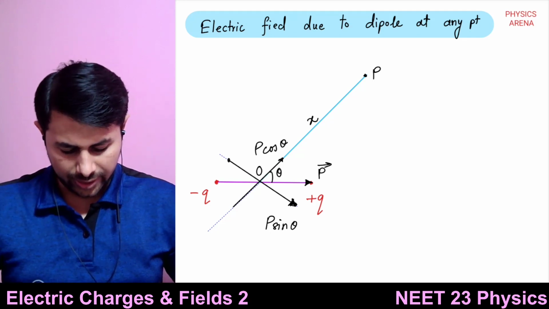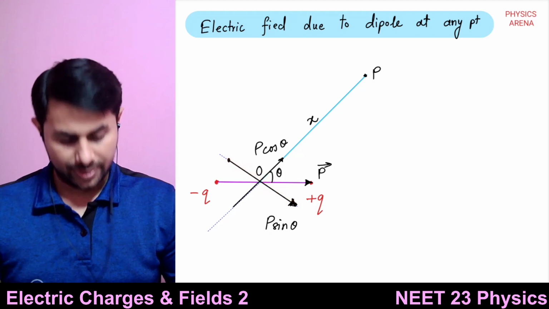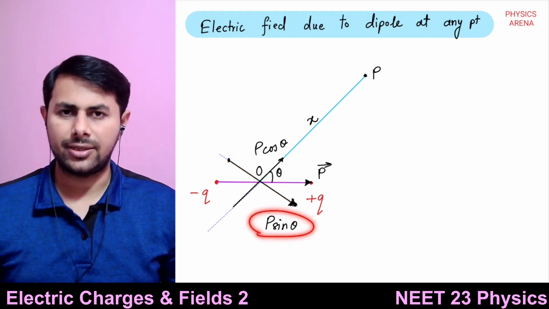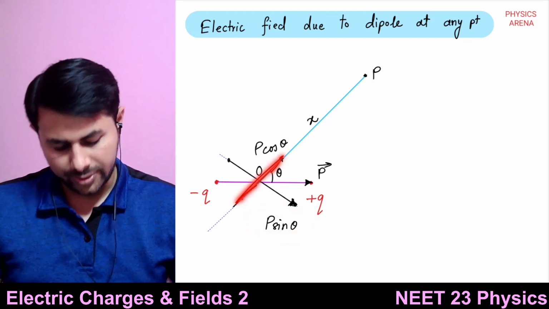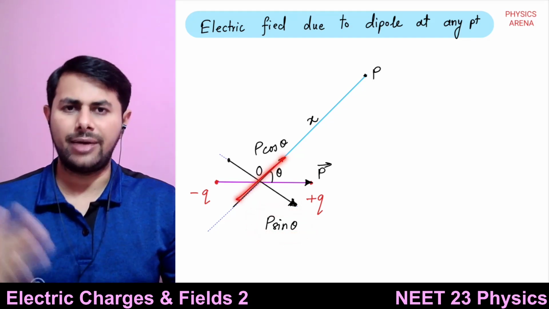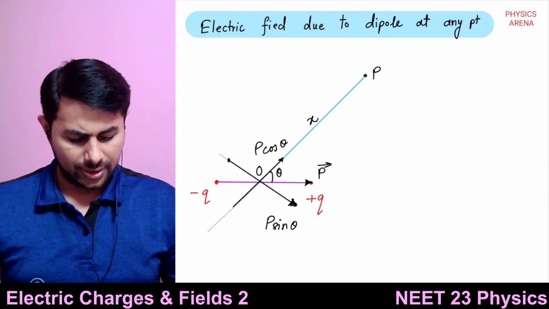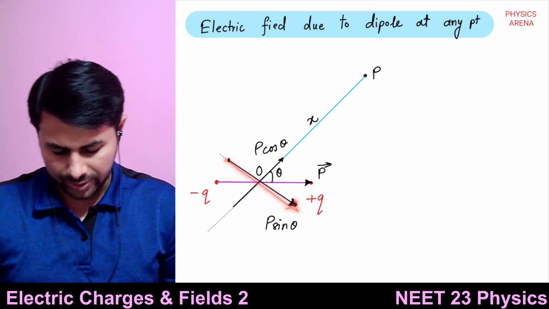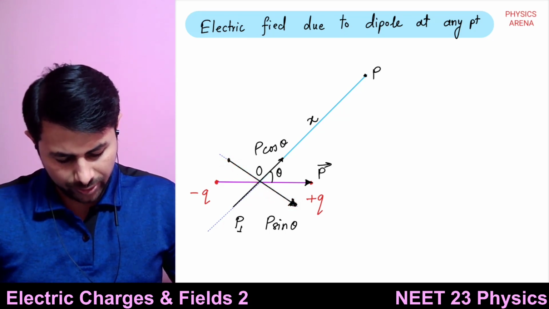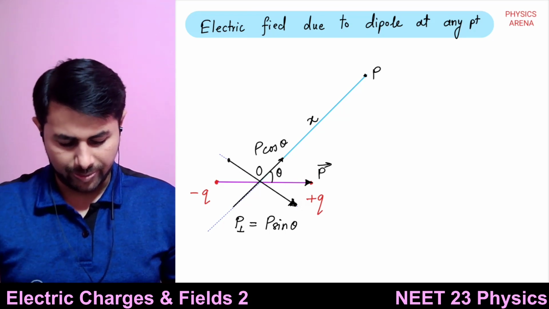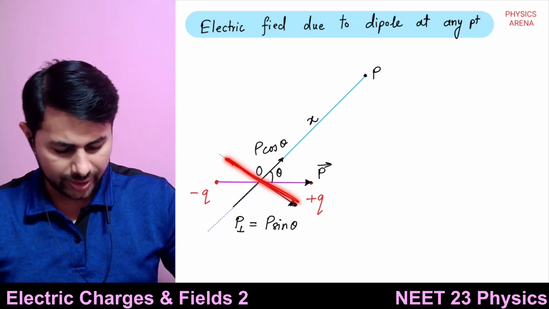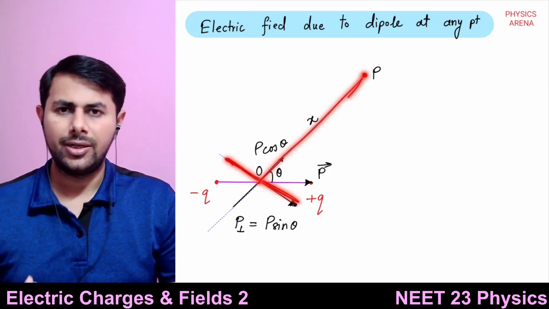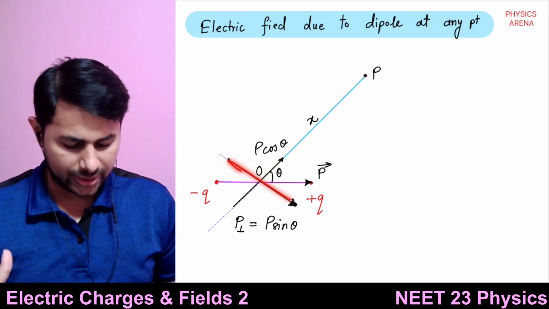Now see, these are like two dipoles. One dipole is directed like this, its dipole moment is p sine theta, and one dipole is directed like this, its dipole moment is p cos theta. For this dipole, let's call it P perpendicular, because point P is an equatorial point for this dipole.